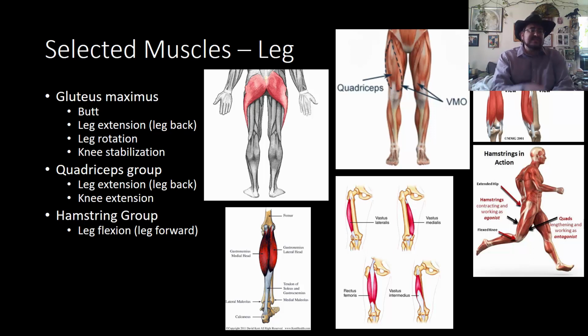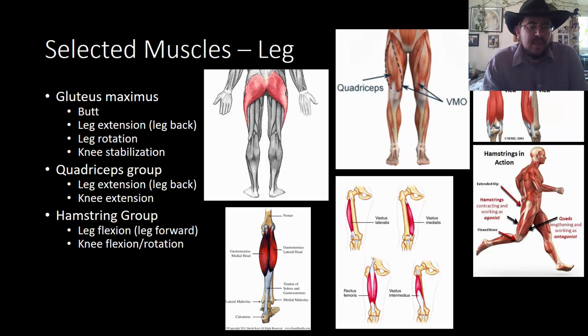So there's like a knee snap where you kick like that, and then there's the kick with your whole leg. And it's your hamstring that lets your whole leg swing. And then it's also involved in knee flexion. So if the quadriceps do the snap, then the hamstring brings it back.